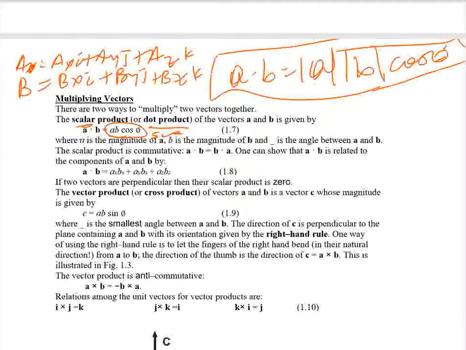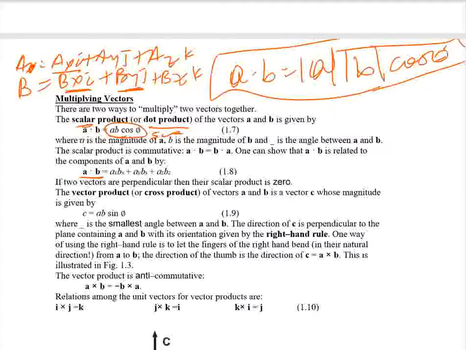And if you are asked to calculate a dot b, as you see here, ax in the i is only multiplied with bx in the i only, because if you multiply ax in the i with by in the j, i and j are lying in different directions. i is in the x direction, j is in y.